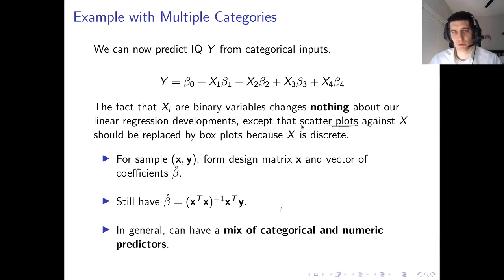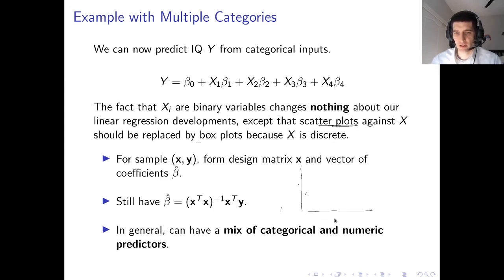Scatter plots are not appropriate anymore because you have binary variables here, and so scatter plots don't really show you a lot, and it's better to replace these scatter plots by group box plots, where you would have something that looks like this, right?